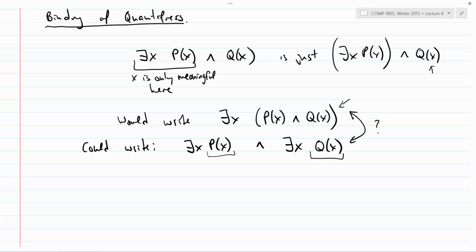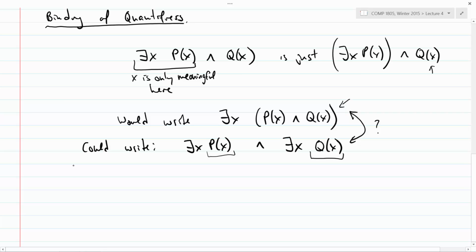The second one, this conjunction down here, it's just saying that there's a number that has this property and there's a number that has this property. They could be the same number. In this particular case, they're not because there is no such number. But it's not requiring that they're the same. And that's an important distinction with scope.